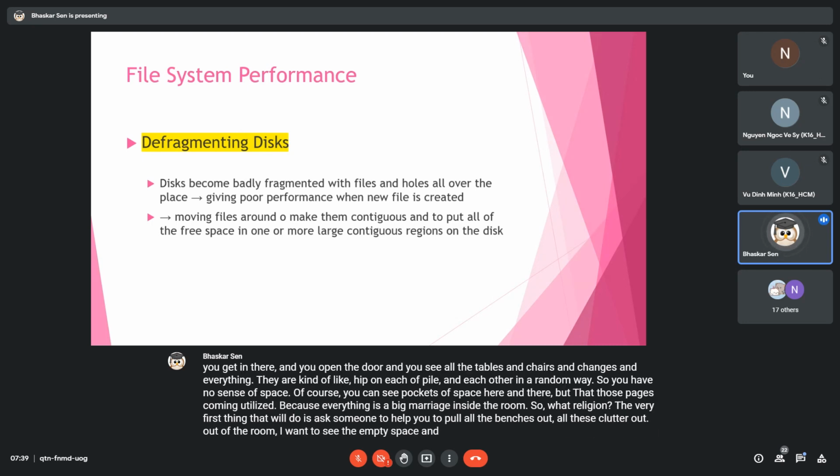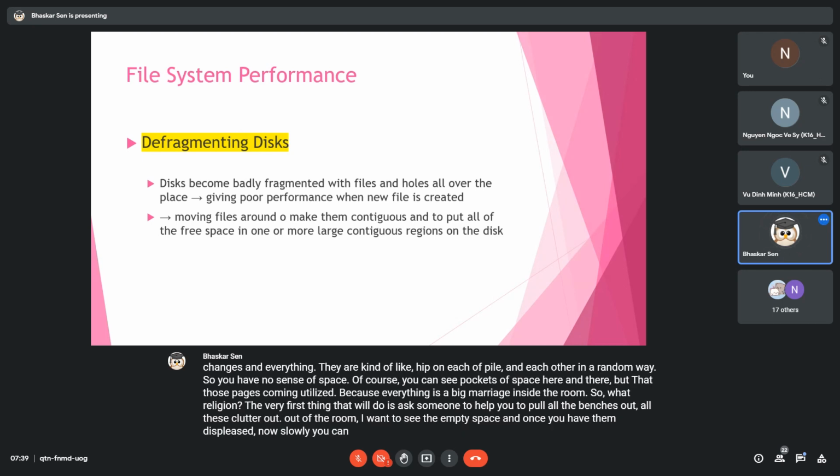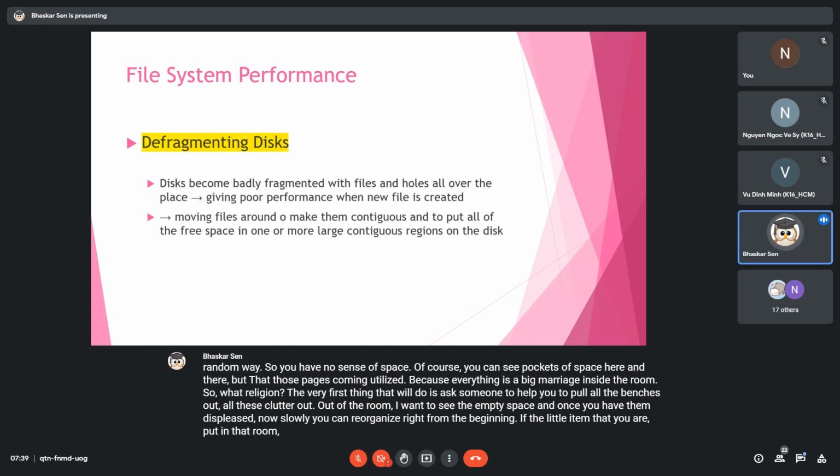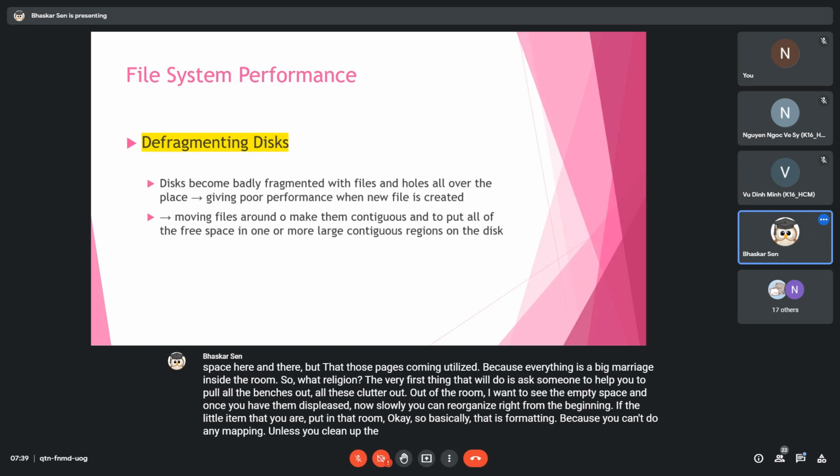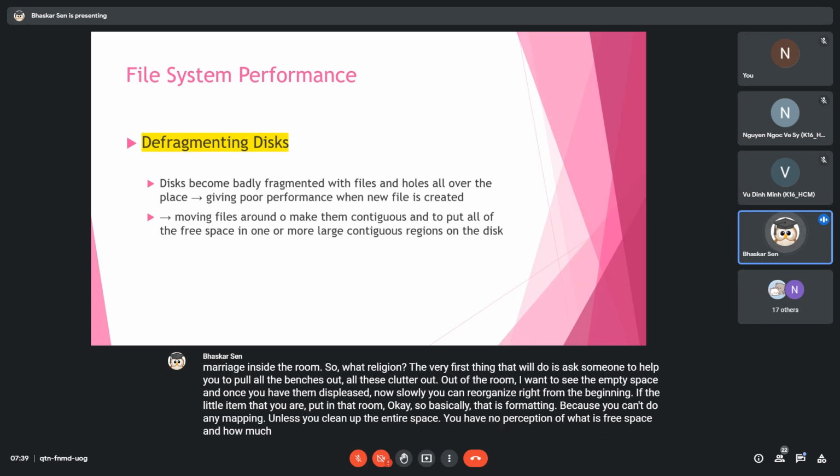Once you have the empty space, slowly you can reorganize, right from the beginning, every little item that you want to put in that room. So basically that is formatting, because you can't do any mapping unless you clean up the entire space. You have no perception of what is free space and how much free space you have, or how much space is currently being occupied.